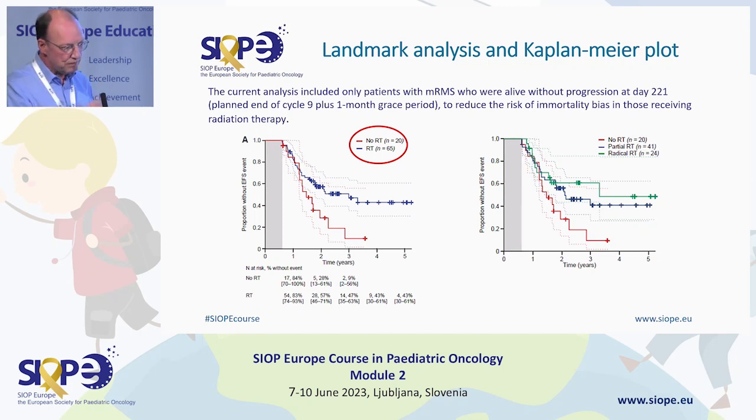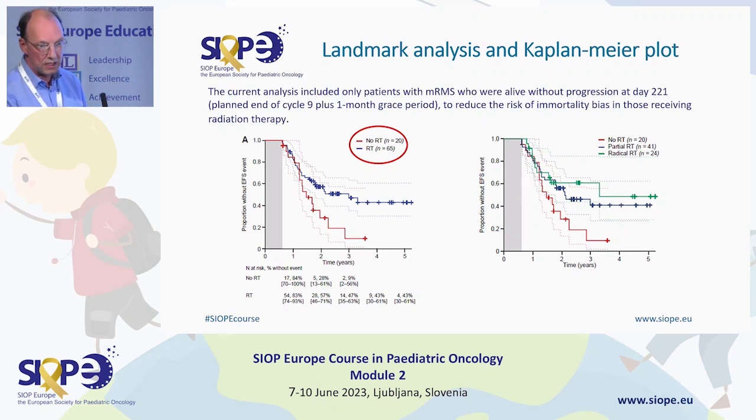So the paper showed the results. They did a landmark analysis, and probably you're familiar with it, but they only included patients that made it to day 221. That means that all patients should have had the opportunity to receive radiotherapy and shouldn't die or have relapses before, because then they wouldn't get this radiotherapy.